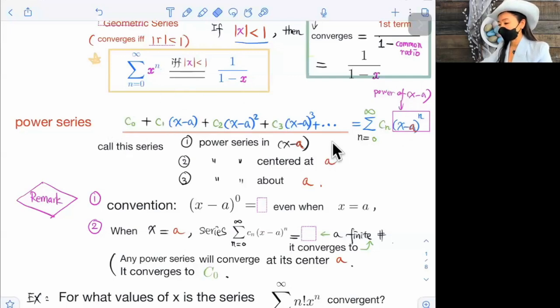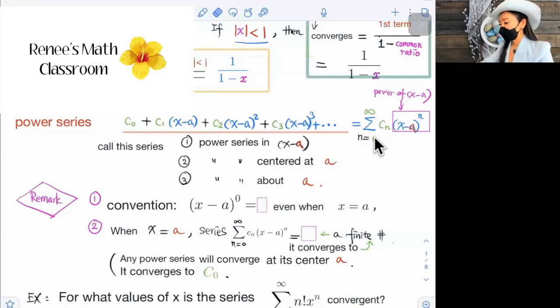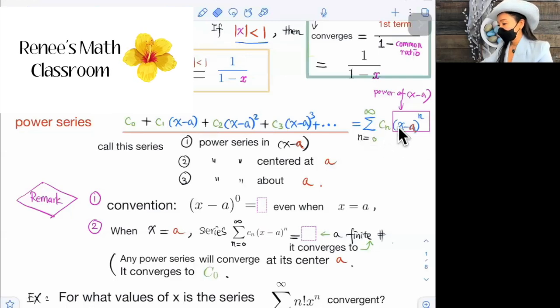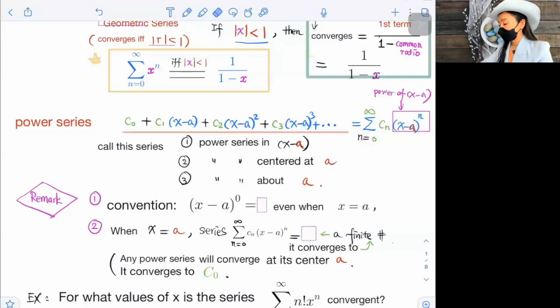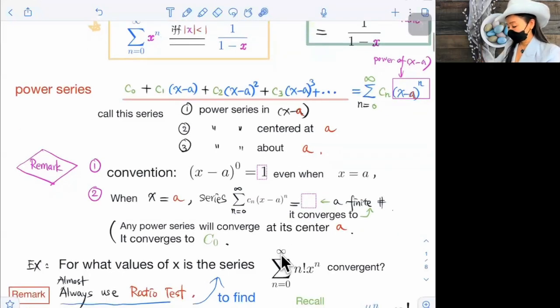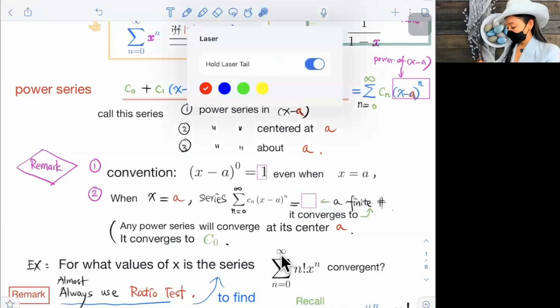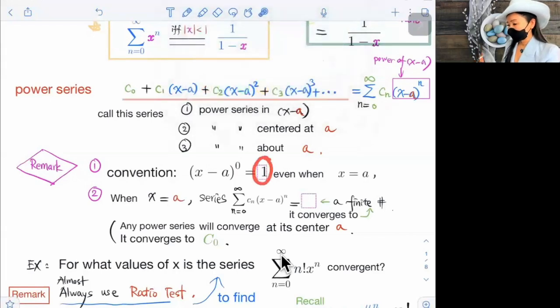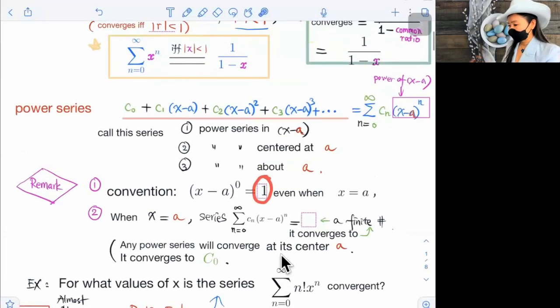A power series will be in this form. Notice that the index n starts from 0. When n equals 0, x minus a to the 0 power, we will consider that equal to 1. So we have a convention here: x minus a to the 0 power is equal to 1, even when x equals a.